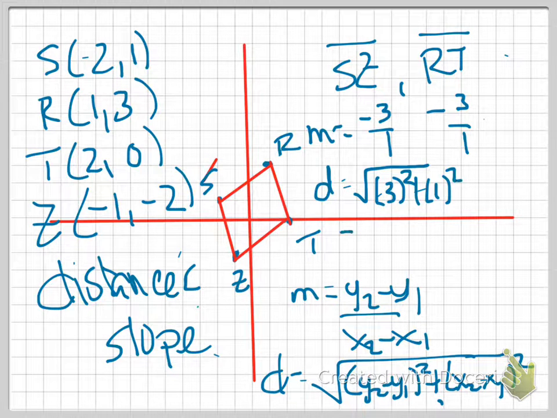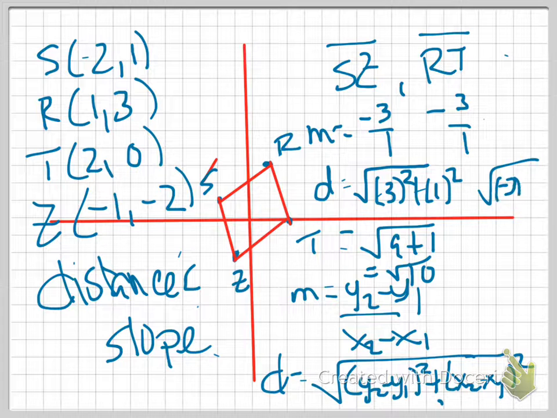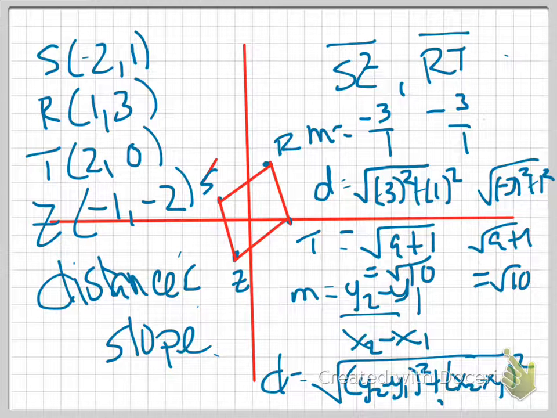What's negative 3 squared? 9. 1 squared. 9 plus 1, so there is the square root of 10. So SZ is the square root of 10. Guess what? You got the exact same numbers for RT. Is it a parallelogram? Yes, because one pair of opposite sides are parallel, proven by the fact that they have the same slope, and congruent because they have the same distance. That's how you do lesson 6-3, guys.